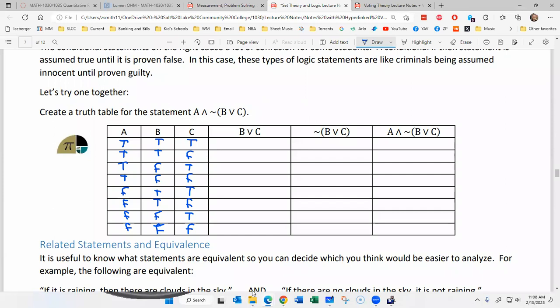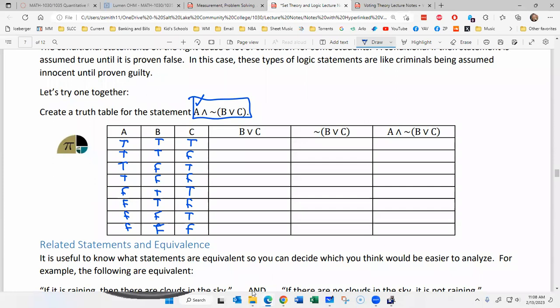Okay, so if we wanted to evaluate this, we've got A already, there it is. We don't have the opposite of this because we don't have this stuff yet. So I'd want to create a value for the B union C, or the B or C. And then I can look at the opposite, and then I can evaluate.